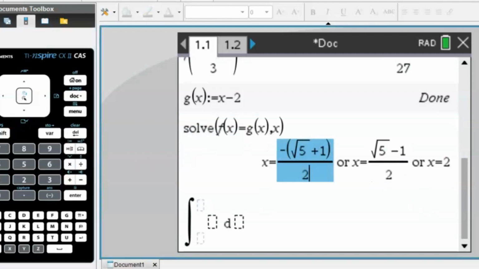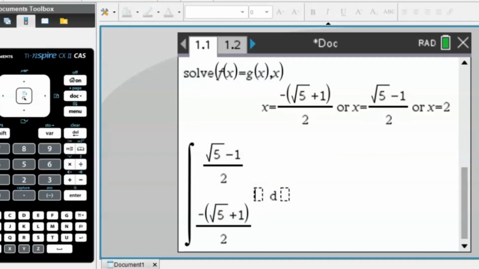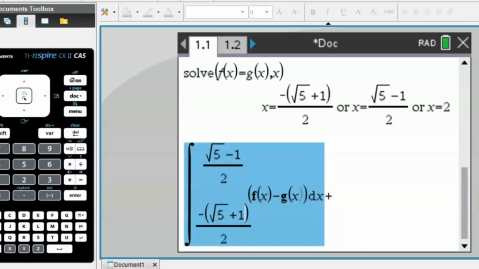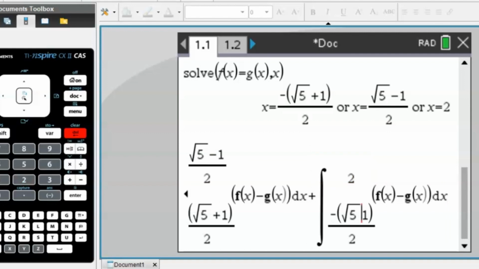This bit here, on the top was f of x minus g of x, plus, I'm going to copy this and make this one 2, make that negative, and make that one positive, and that was g of x.